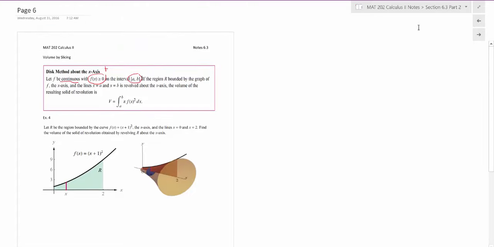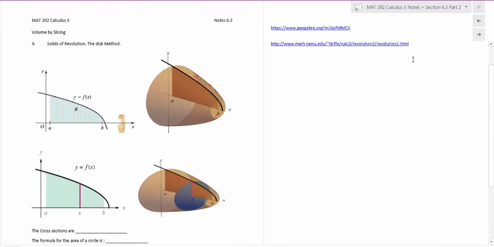Okay, now I'm going to back up one page here and kind of go through a couple of things on this to begin with before I do that example. So these are a couple of good visuals right here. So you've got this particular function. It's continuous from a to b, and the function values are positive. They're above the x-axis. So if you revolve this around the x-axis, you get some sort of a shape like this, which contains a bunch of circles.